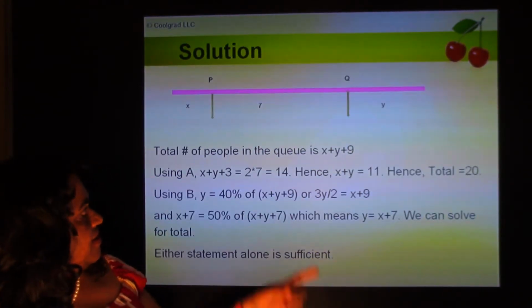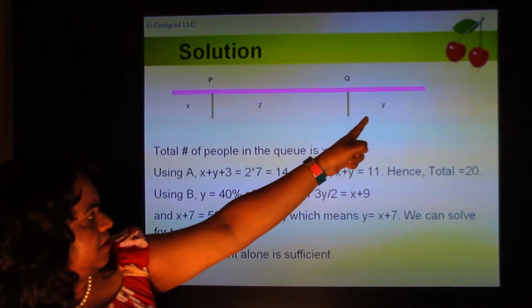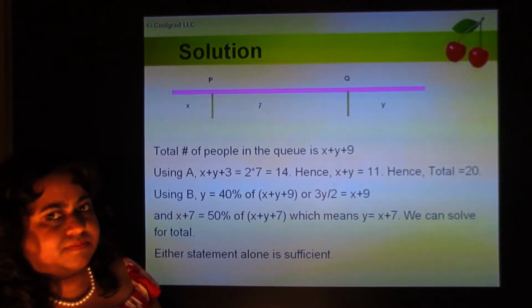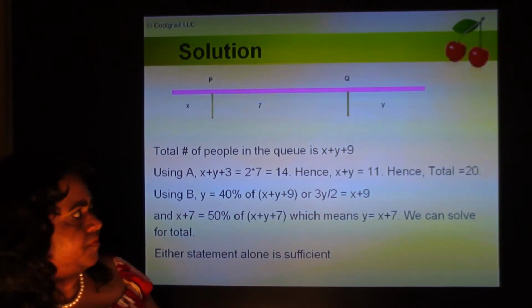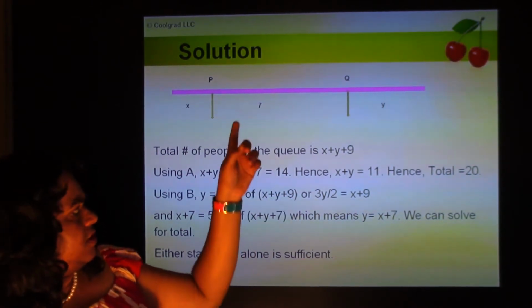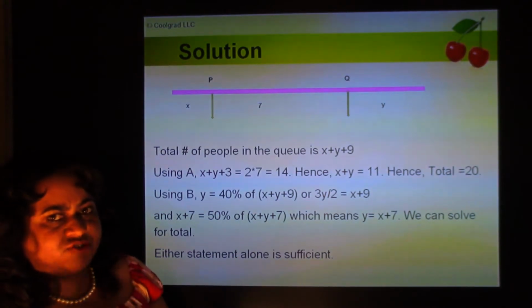So what that means is sum of number of people in front of P and after Q. So remember, after Q we have Y plus 3, right? We added 3 people. So X plus Y plus 3 is the other factor.